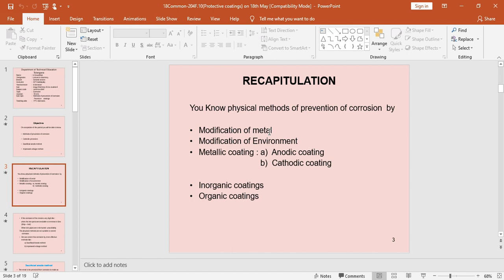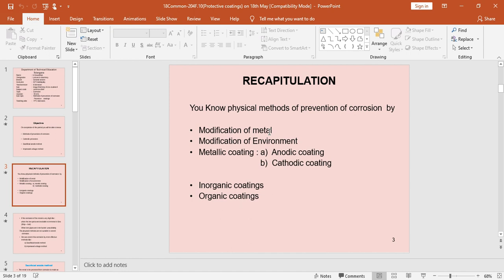Here the zinc metal undergoes corrosion to protect the base metal, iron, so it is called the sacrificial anode method. Cathodic coating means the base metal is coated by a less active metal. That less active metal shows resistance to corrosion and protects the base metal. That's why it is called cathodic coating.